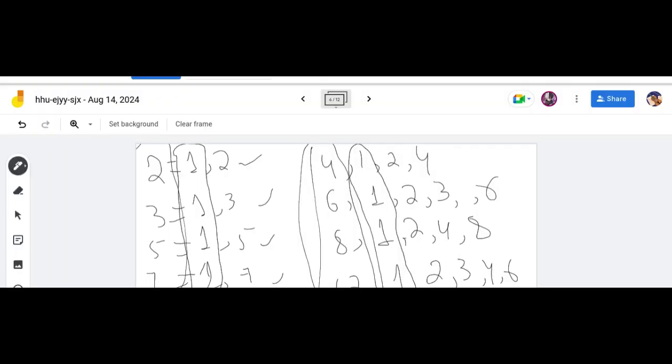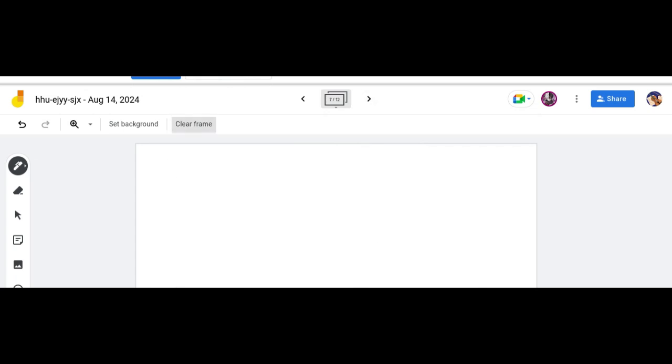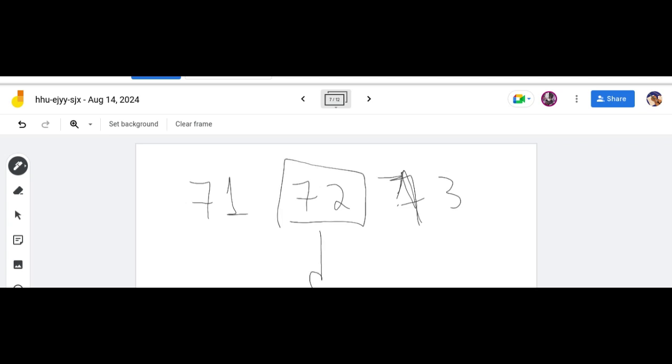Let's do this. For example, 71 and 73 are also twins. Very good. The number between them is 72, which is a composite number, but these two are prime numbers.